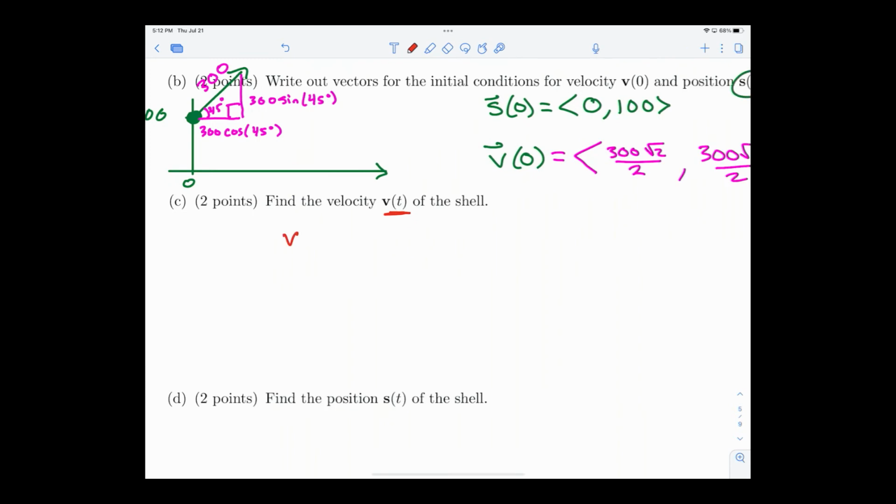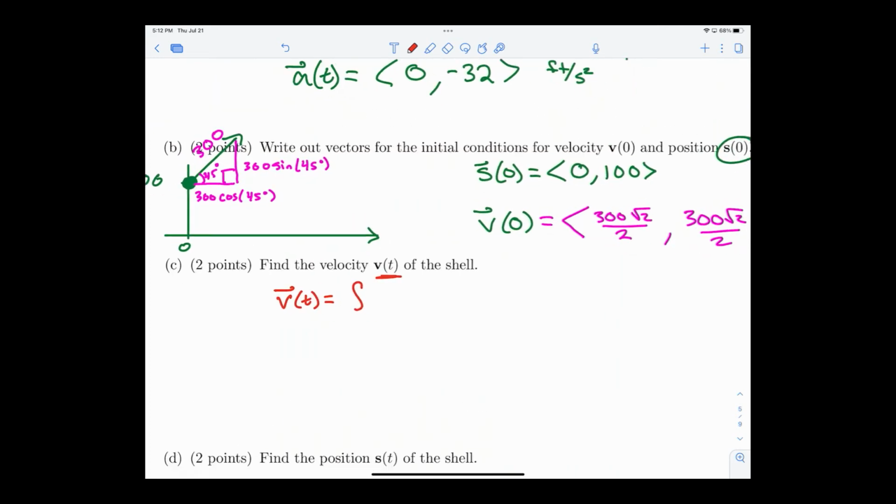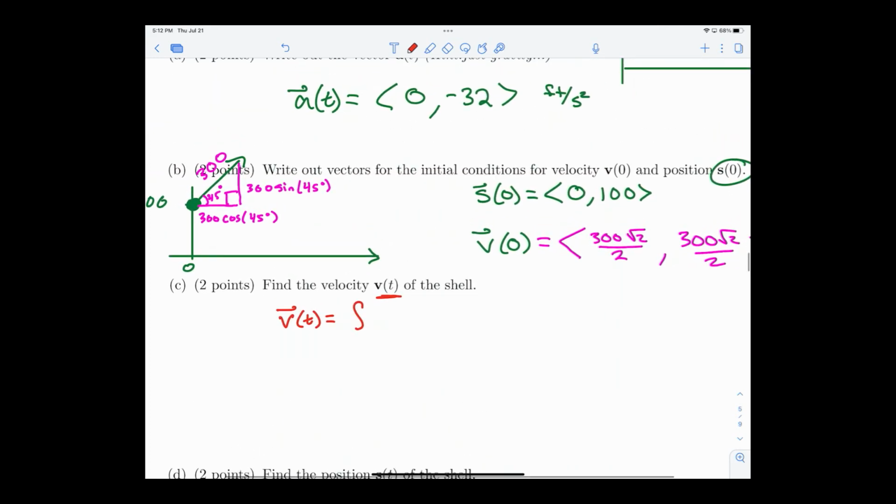So v(t) is going to be the integral of a(t). We're going to have to do something with our initial condition as well, but we will do that in a minute.